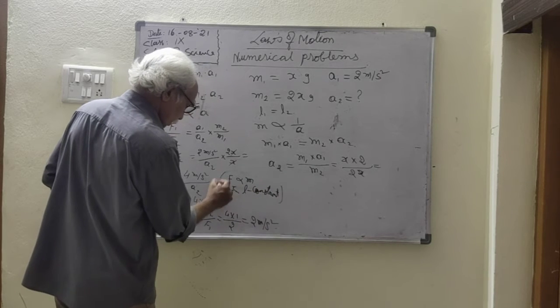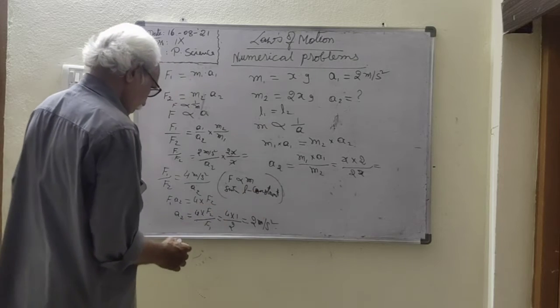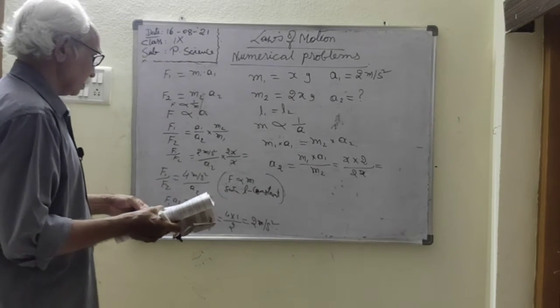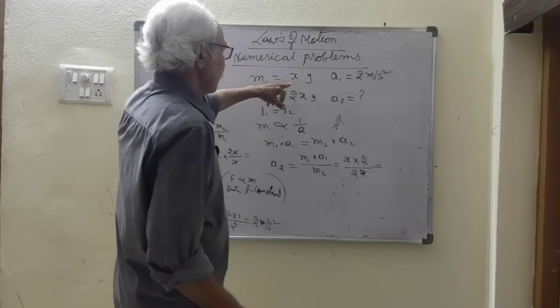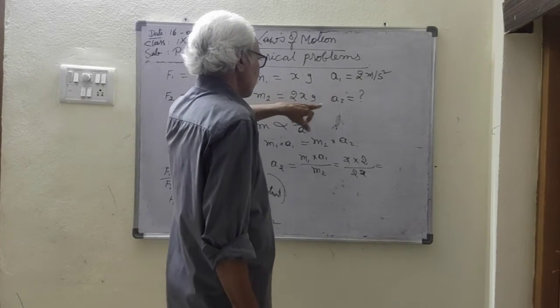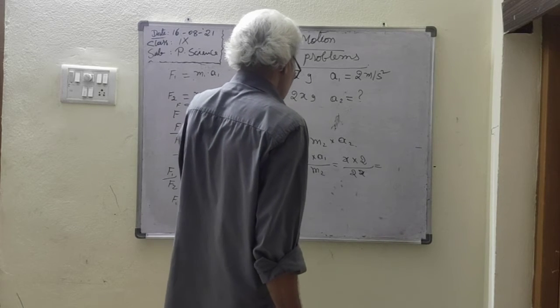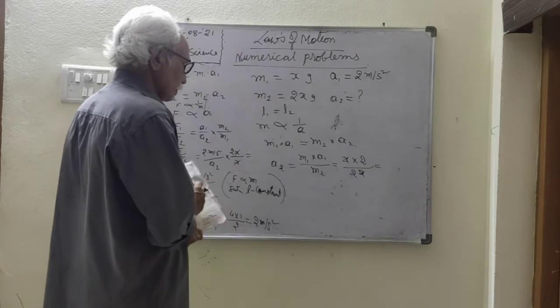L is constant. So you can write the answer here as 2 meters per second square. This is it. M1 is x, M2 is 2x, L is equal, then inversely proportional according to this equation.